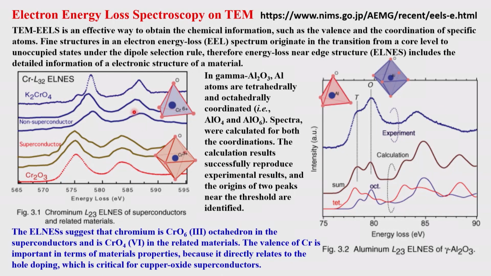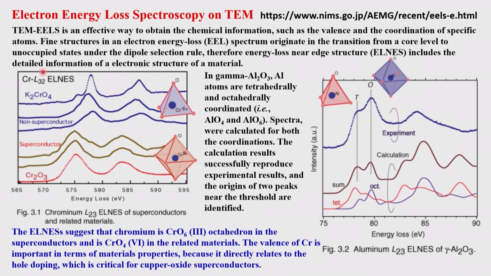Okay. Now on the left side panel, again draw your attention, this is chromium. Two types of compounds are shown here. One is potassium chromate, and the other is chromic oxide. Again, this is near-edge spectroscopy for the electron loss. For the chromate case, it is chromium 6, and the chromic oxide is chromium 3.